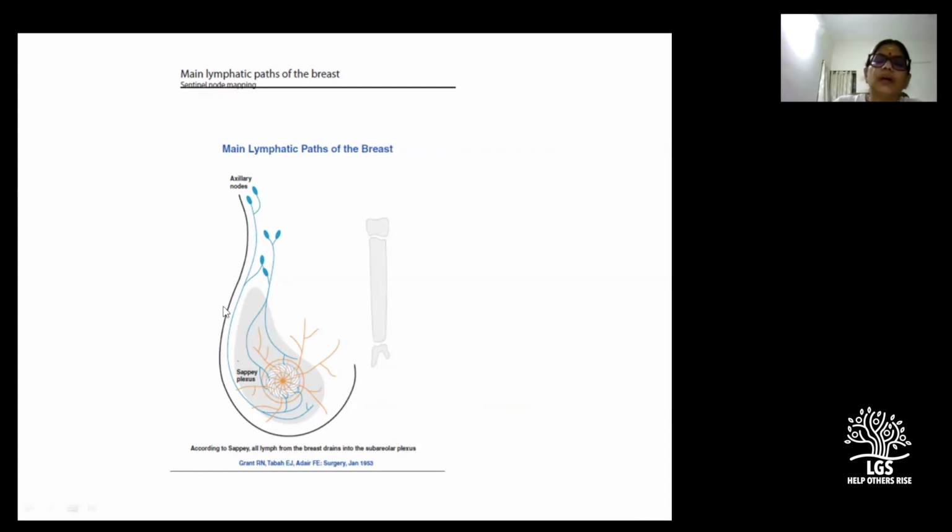So how does the breast drain into the axillary lymph nodes? If you go back to your McGregor days, you read about the subareolar plexus of Sappey. All the breast tissue, including the skin over the breast tissue, has lymphatics that converge to the central plexus called the plexus of Sappey in the subareolar region. From there, a few chains reach the axillary lymph nodes.